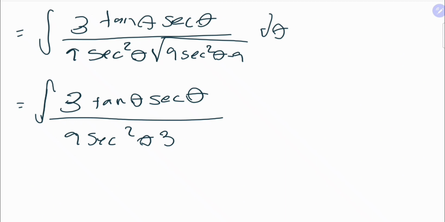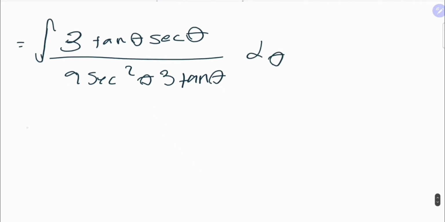Yeah. So we can actually just do this. So 3, and then the root of tan squared theta, which is just tan theta, tan theta d theta. Nice.